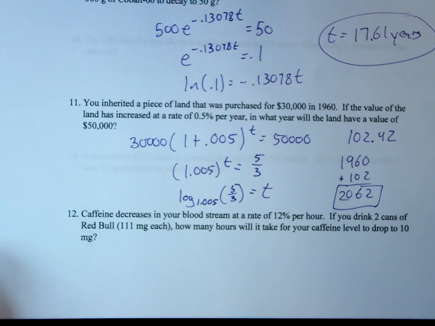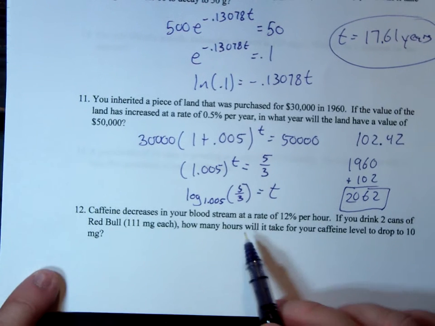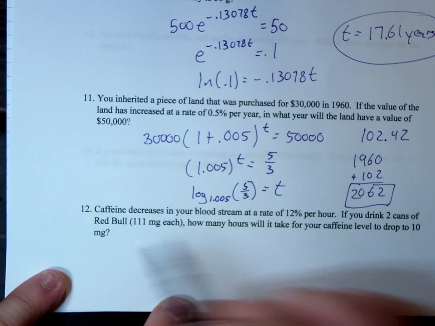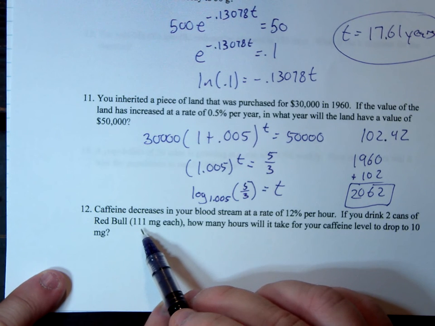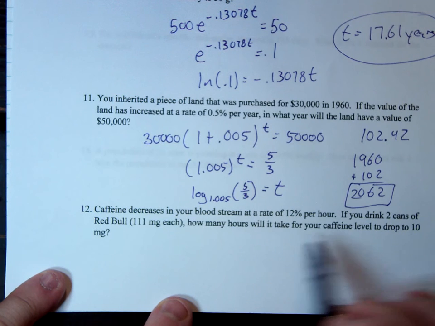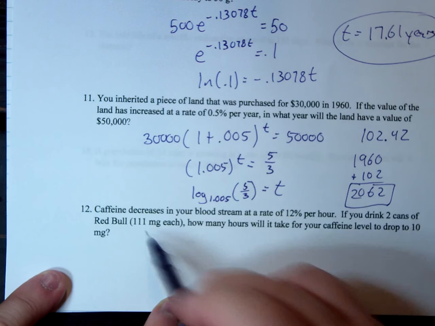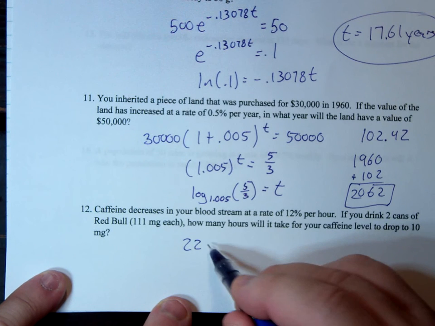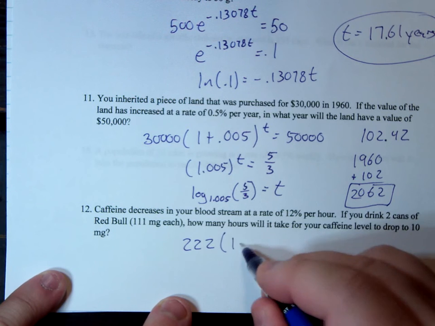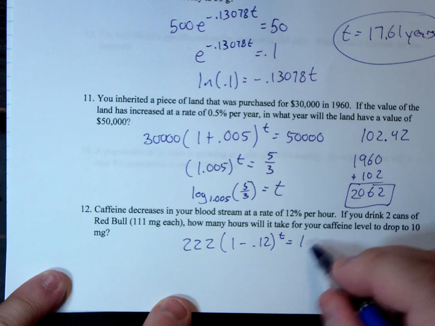All right. Caffeine in your bloodstream reduces at a rate of 12% per hour. If you drink 2 cans of Red Bull, 111 milligrams of caffeine each, how many hours will it take to drop to 10? So you're starting with, you drank 2 cans, so remember you start with 222 milligrams of caffeine. It is reducing at 12%. When will it drop to 10?